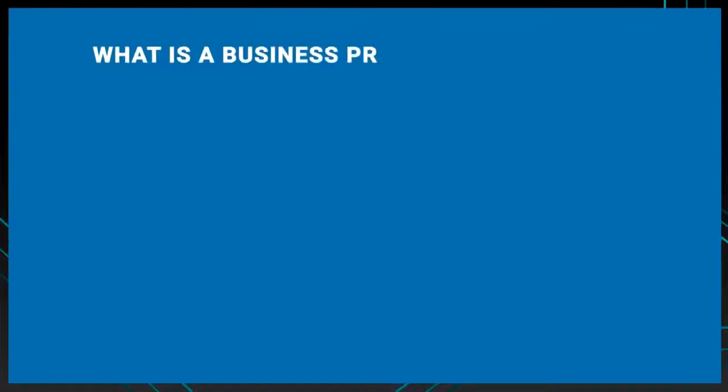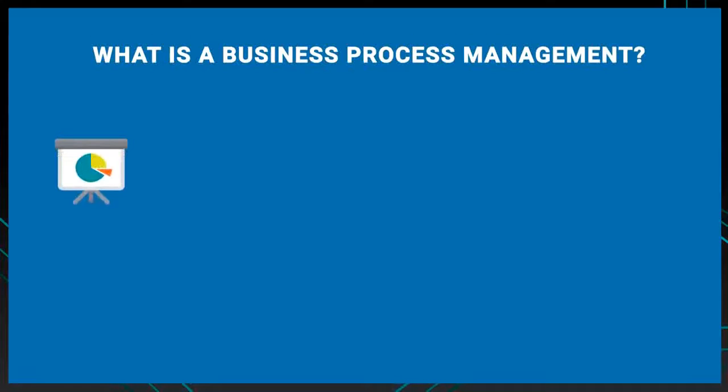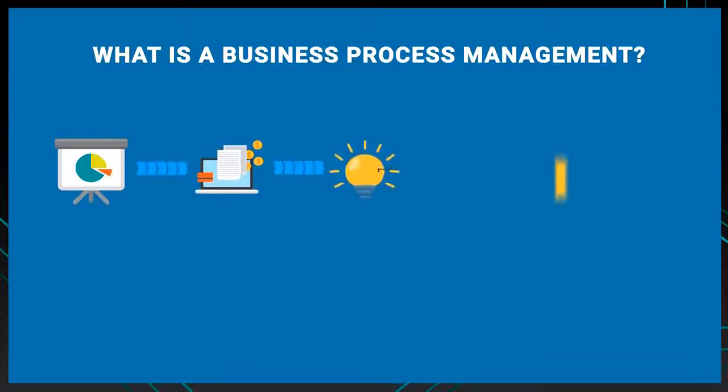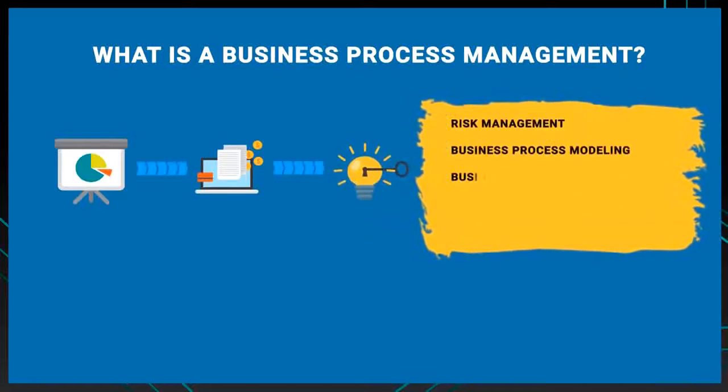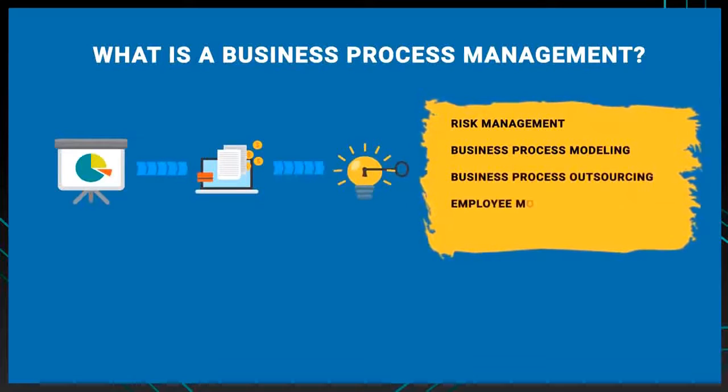What is a business process management? Business process management is a set of activities that helps the businesses to run more smoothly. These processes figure in all stages of the company's activities from the starting stage to the final sales. The key components involved in business process management are risk management, business process modeling, business process outsourcing, employee motivation, and product inventory.